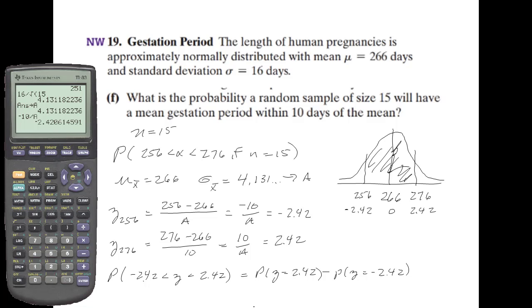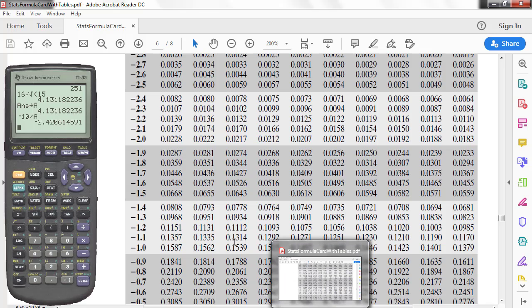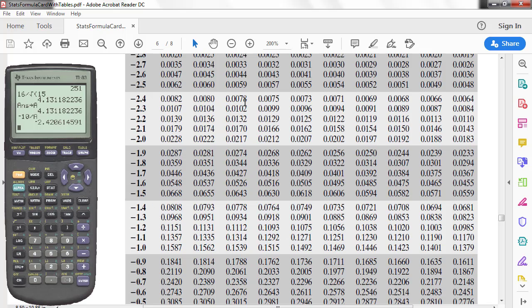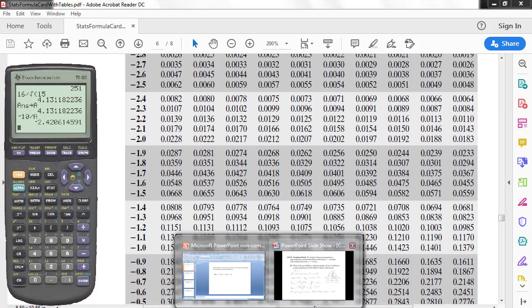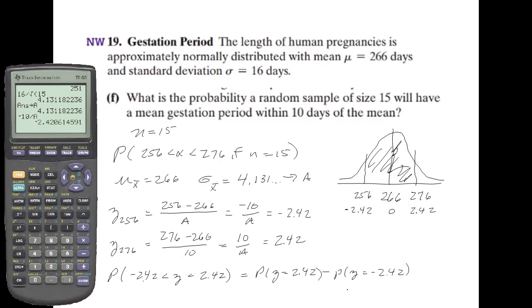So I'll go to the table. Where's my table here? So negative 2.42 is 0.0078. And I'm going to go back over here, and this is 0.0078. And then I'm going to go look up 2.42.